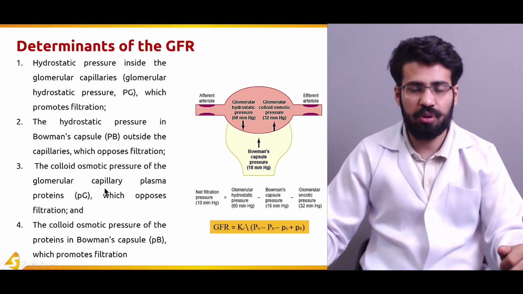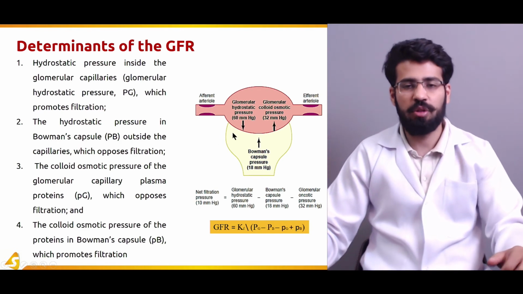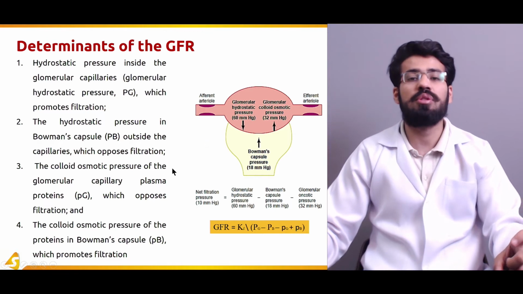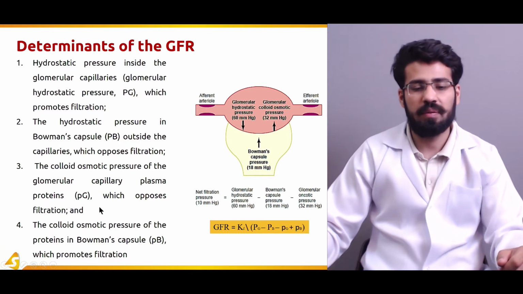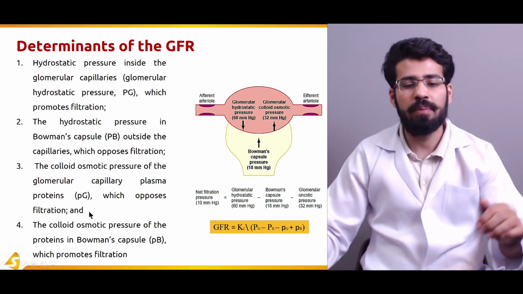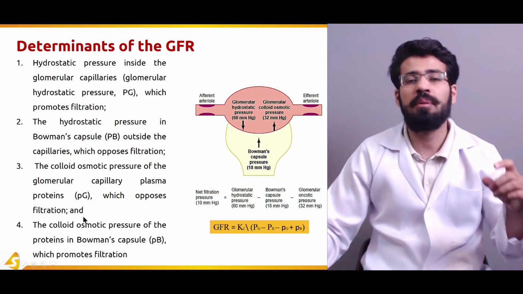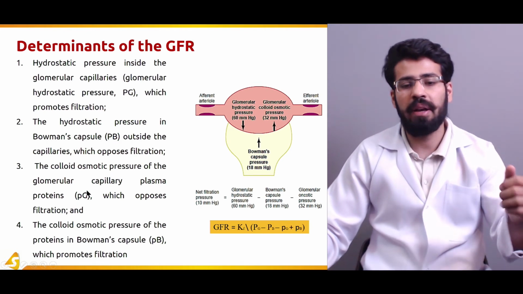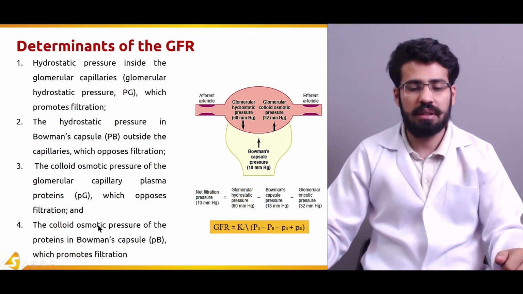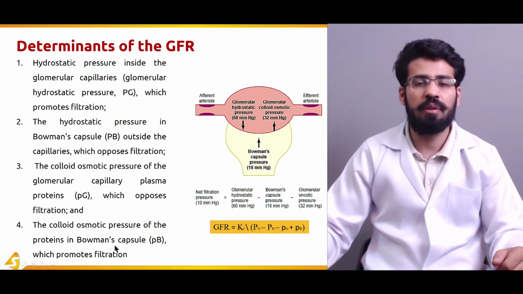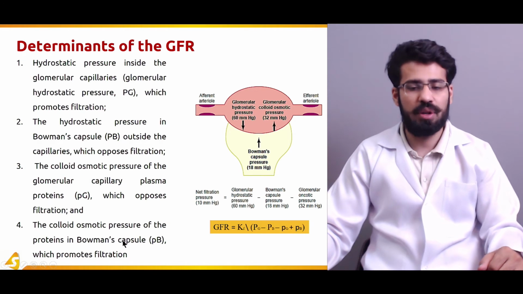These are the proteins that are present in the glomerular capillaries, and these of course oppose the filtration. In opposition to the plasma proteins in the glomerular capillaries, the proteins that are present in the Bowman's capsule will of course promote the filtration.